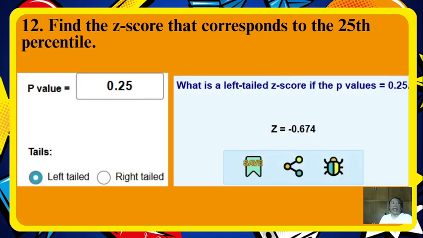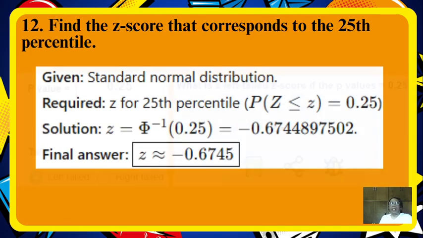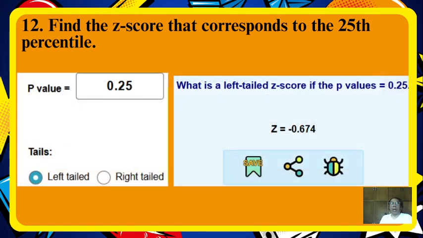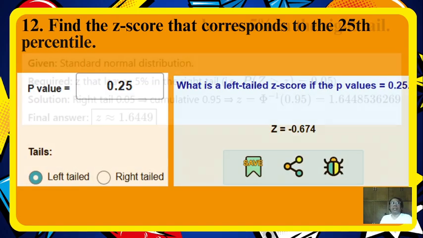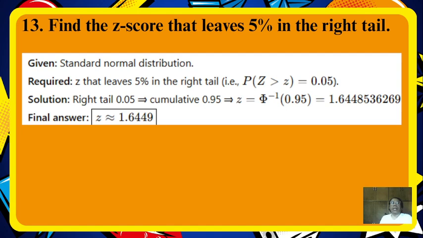And then, using our math portal, you'll have the answer 0.674. What we have here is 0.674. So it matches.